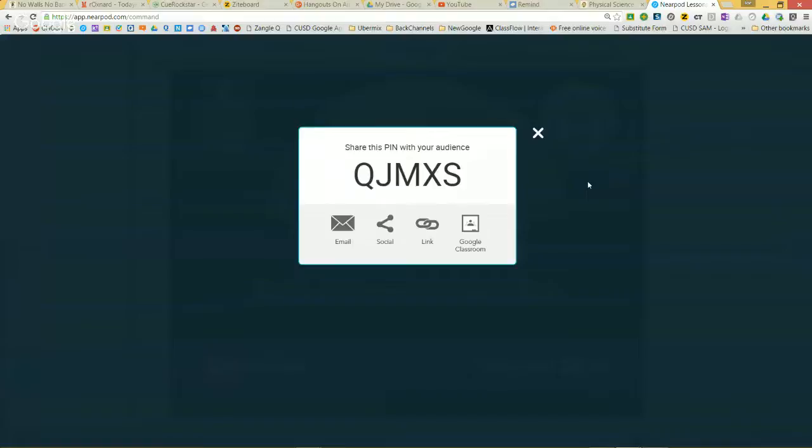Now, we have this, we have it recording, we have the Nearpod, and what did we talk about with back channels? We can have everybody in all the classrooms connected to one of our back channels.